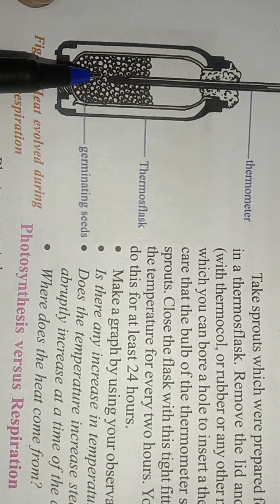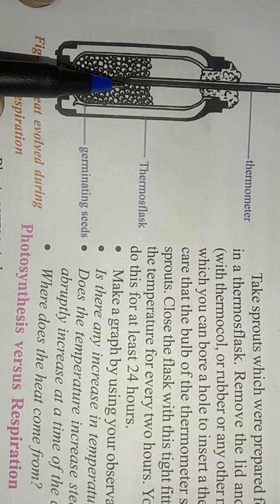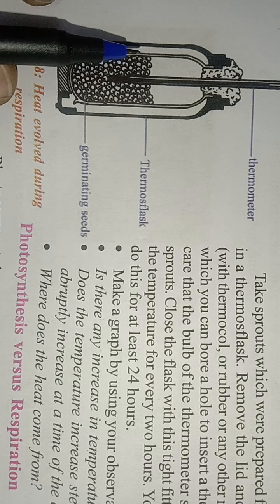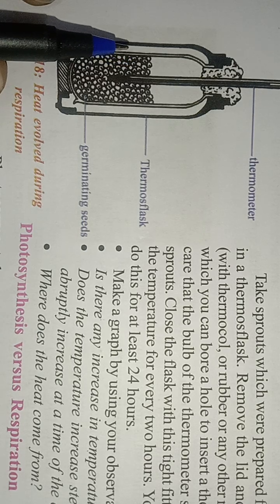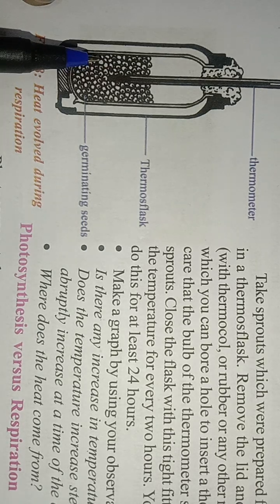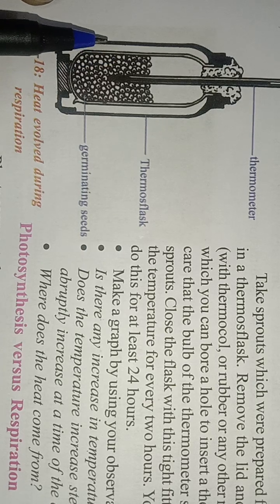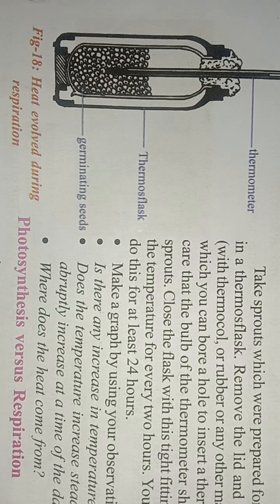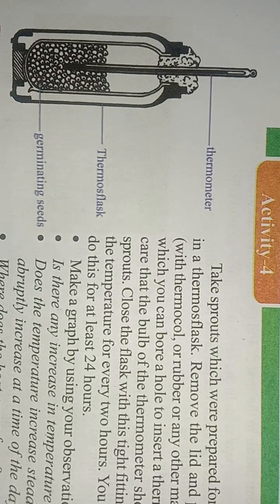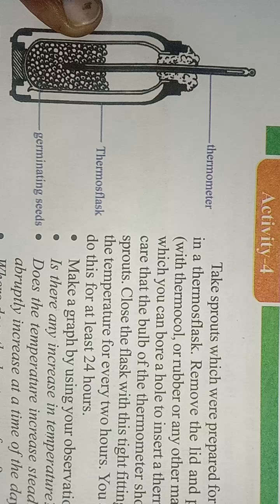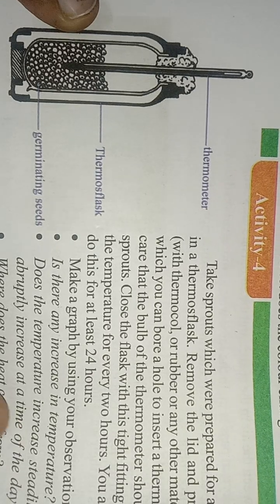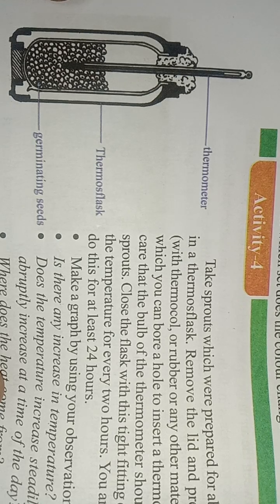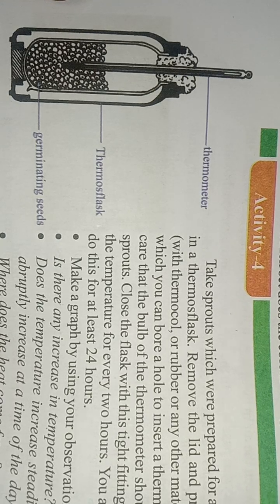Take a jar, pour some sprouts in the jar, and close the jar with a rubber cork. Insert a thermometer and close the container. After some time you observe an increase in the level of the thermometer, which shows the release of heat energy during respiration.